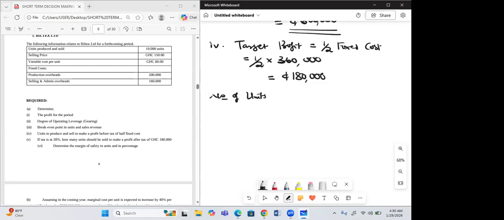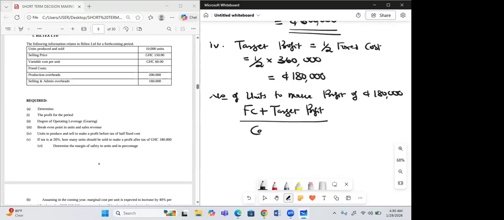that will make a profit of 180,000. How many units must we sell to make the profit of 180,000? That becomes the fixed cost plus the target profit, over contribution per unit, not total contribution.